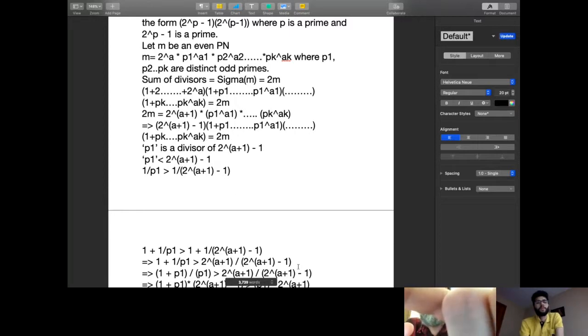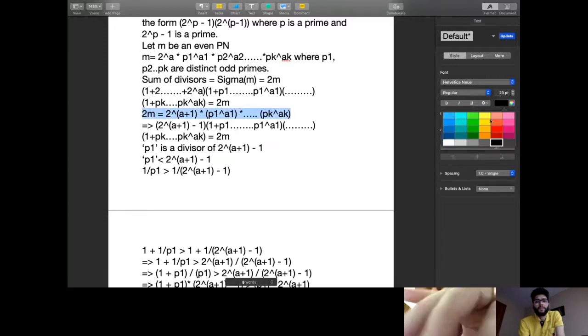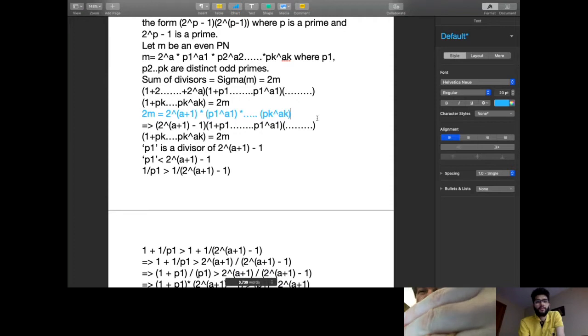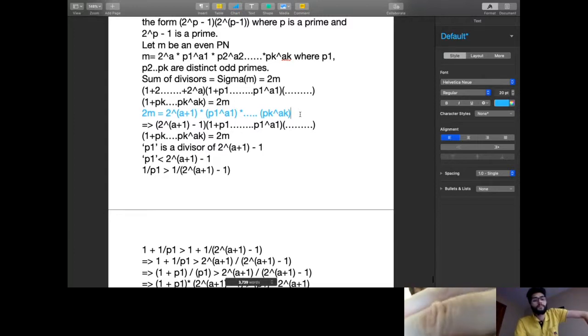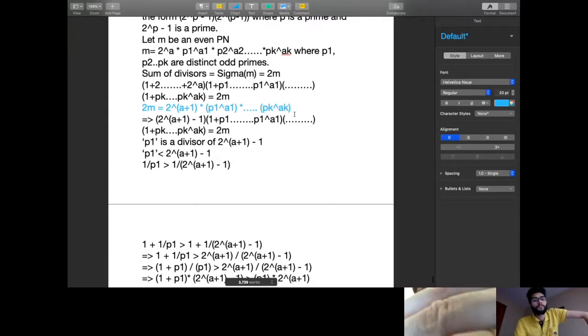Can you highlight it in blue color as you did before? That line is our number 2 times m. Now, this equals what is on the next line.